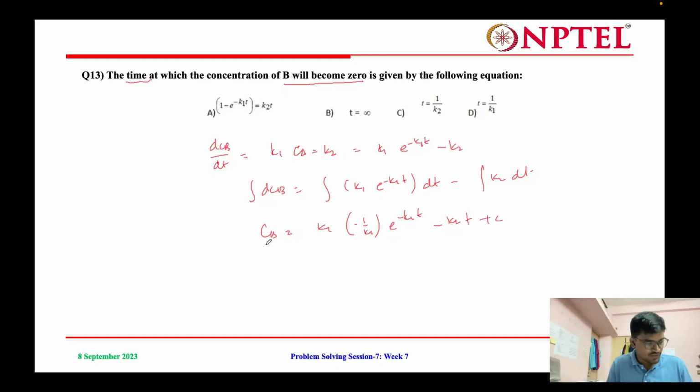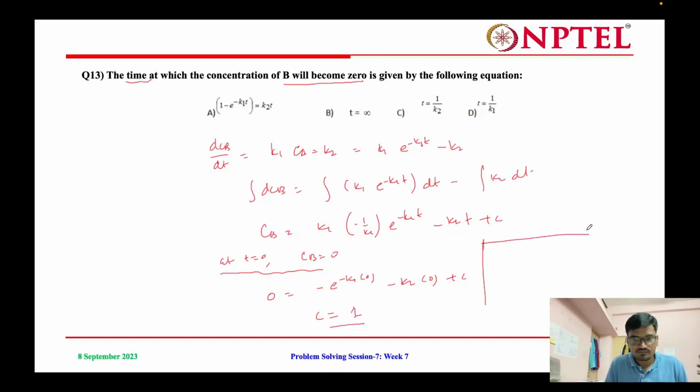At t equal to 0, CB is 0. This is the condition to calculate the constant. So 0 equals minus 1 minus K2 times 0 plus C. So C is equal to 1.